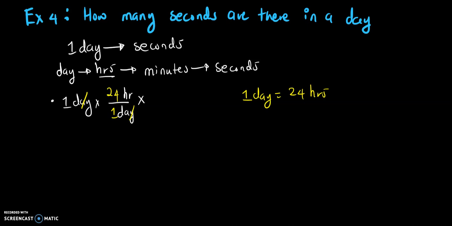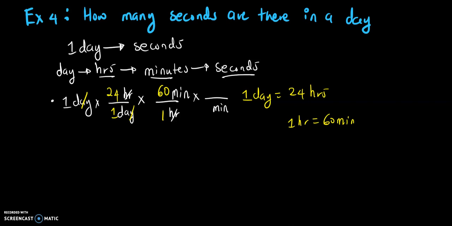And then we multiply by, we are moving to minutes now. So we are taking care of the hour and then go into the minutes. The conversion factor says that 1 hour has 60 minutes. So 1 is to 60. And then finally we are going to seconds. So we are taking care of the minutes and then multiplying by the second. So this goes.